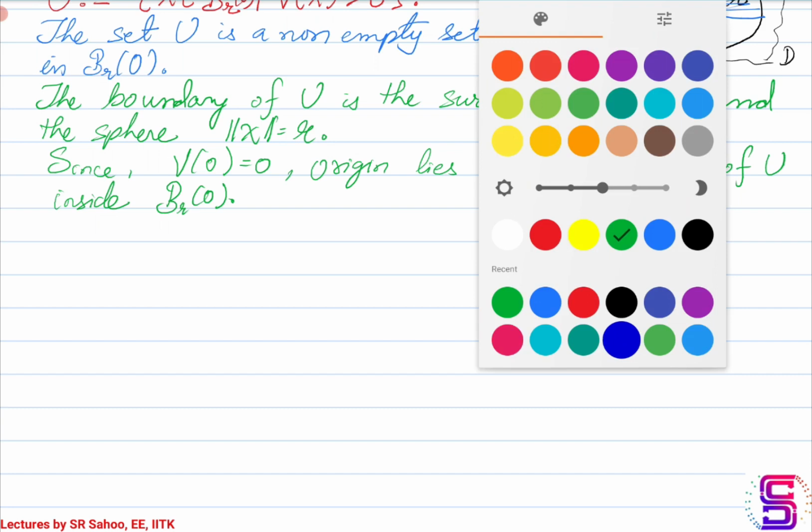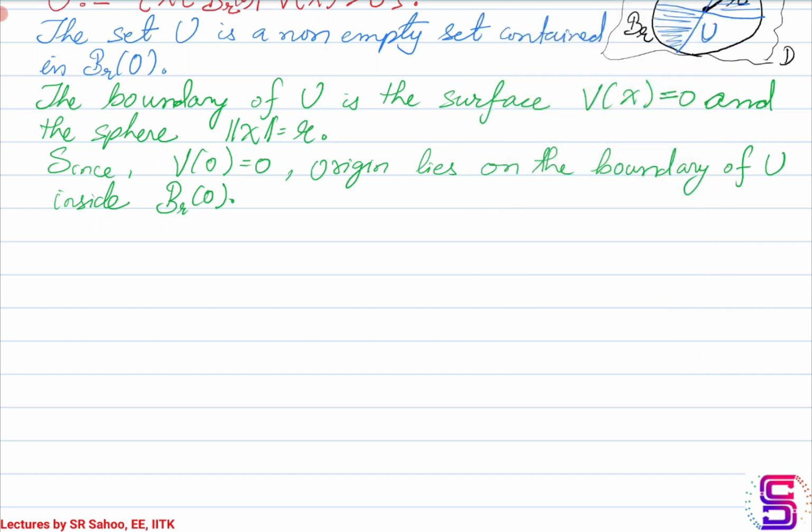Let x equal to 0 be an equilibrium point for the autonomous system x dot equal to f of x.